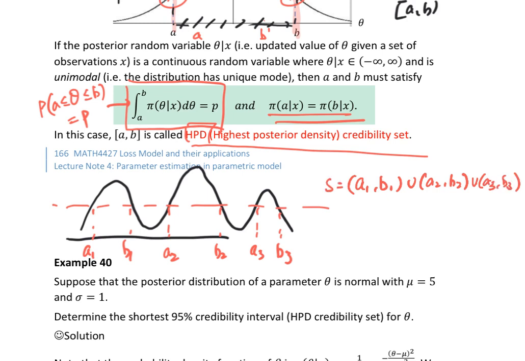Let's call it S. This satisfies that the probability that theta lies in this set is equal to P.